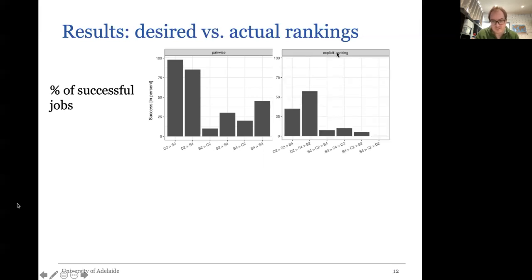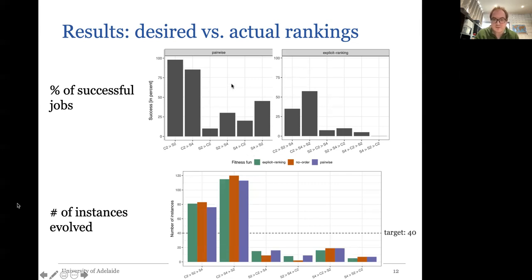We see a very similar pattern for the explicit ranking for even triplets of algorithms here as well. Not super high success rates, and here we even did not get lucky at all, but nevertheless we were successful in some cases. A slightly different projection of this data is as follows. Effectively, we should have had 40 instances for every single target combination here produced by every one of the three approaches.